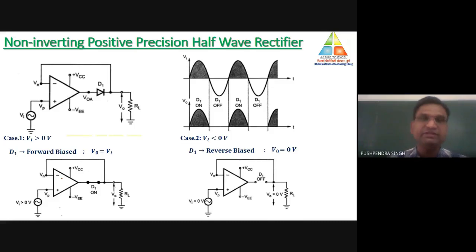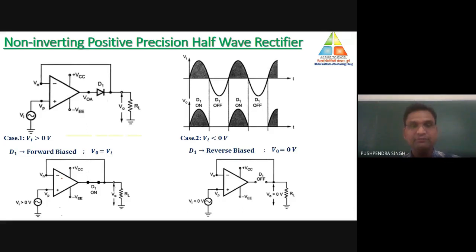Second thing we have discussed is that for designing the precision rectifier circuit, we need one operational amplifier, and at the input terminal of the diode, we need to connect it. With the help of the amplification of the op-amp, we can get the precise output.